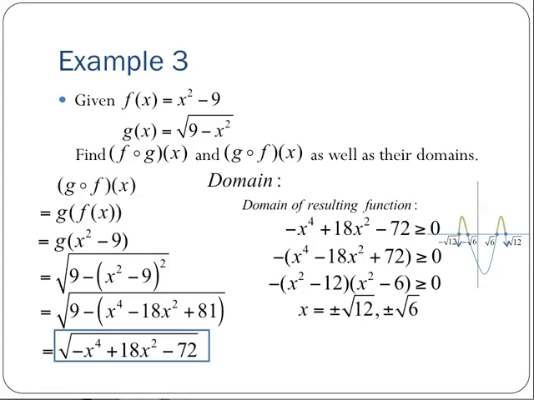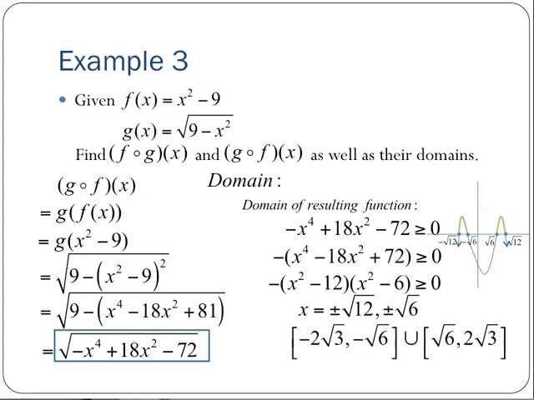Okay, so to state the domain of the resulting function, it would be from negative 2 root 3. I'm going to change it to its simplified form. Square root of 12 is 2 root 3. So from negative 2 root 3 to negative root 6, including those values, and then from root 6 to positive 2 root 3, including those values.